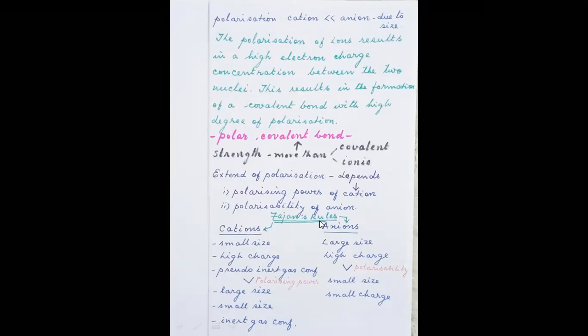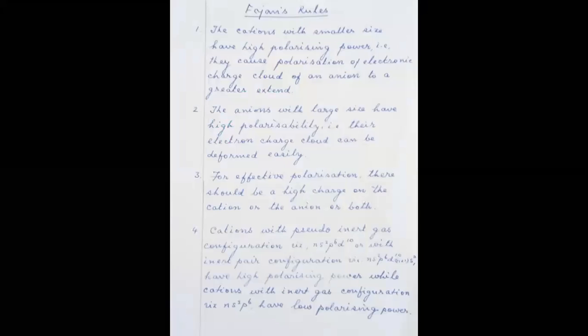These two things are discussed by Fajans, which is called the Fajans rule. I will read out these rules one by one, and then I will explain with the previous slide.